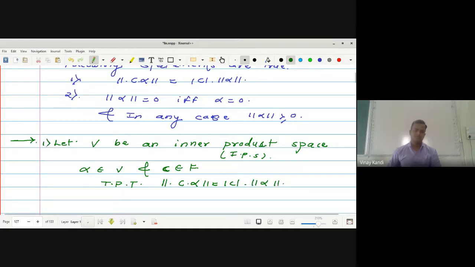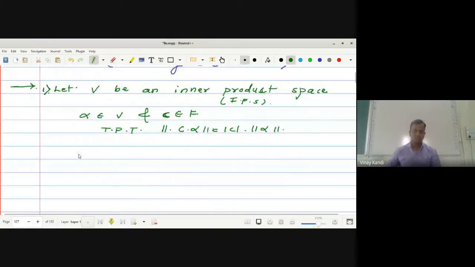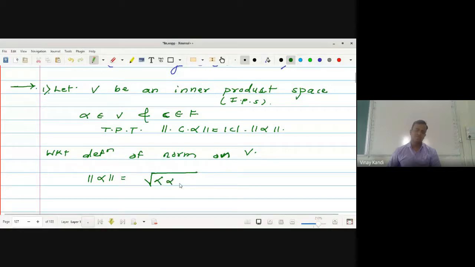First step: we know the definition of norm, that is, length of a vector on V. What is the norm on V? Norm of alpha is equal to the positive square root of the inner product of alpha with alpha.